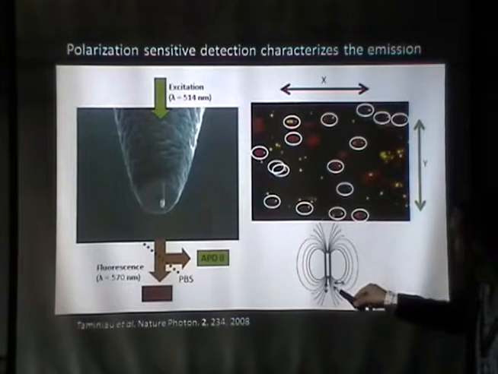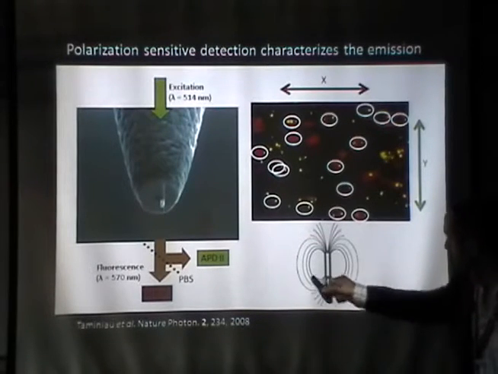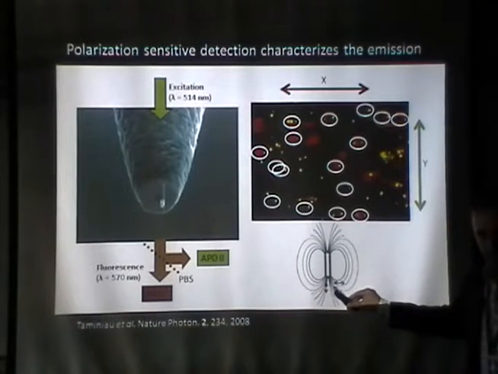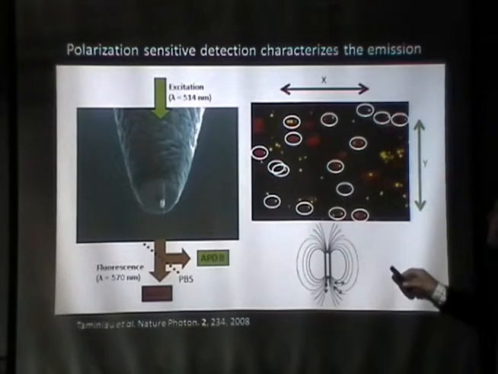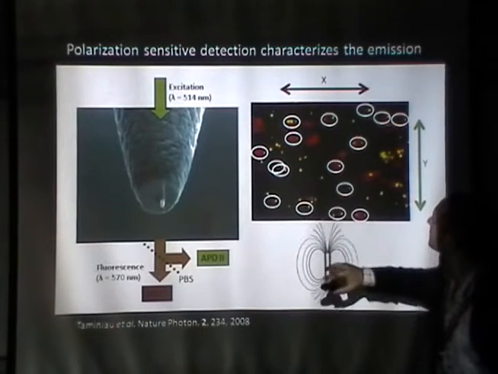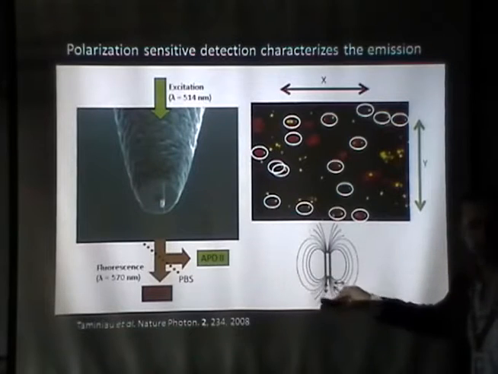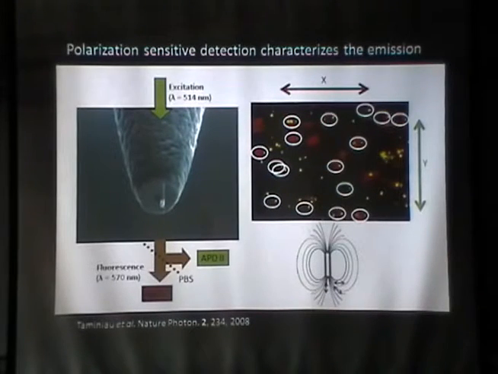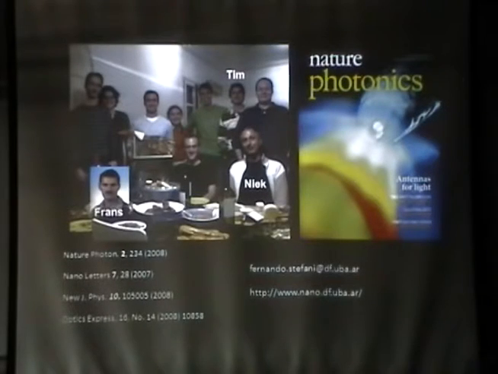So if the aperture is here, as we are imagining, these guys will show you the red spot away from the yellow one. That would be something like, in this case, okay, and the opposite will happen if the molecules are like that. So analyzing those patterns, one can even determine the molecular orientation to some degree.